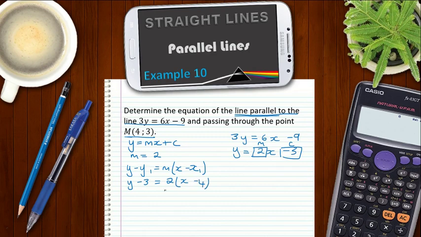Now we have everything we need. We just need to put our equation in standard form. So y minus 3 equals, multiplying the 2 in, 2x minus 8, and then isolate y: 2x minus 8 plus 3. So y is equal to 2x minus 5. And there we have our equation that's parallel to this line and passing through the point M.